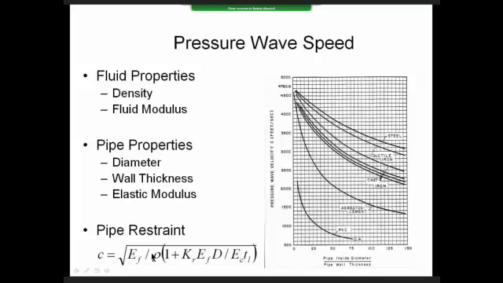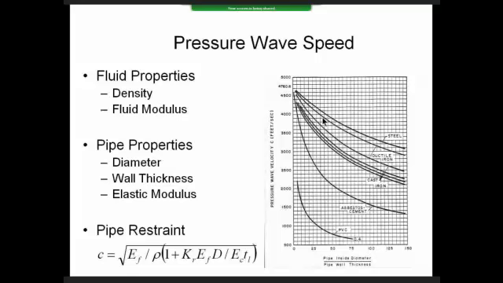In water, that's around 4,700 feet per second. But then it's modified by this term in the denominator, which is 1 plus some restraint coefficient times the elastic modulus of fluid, diameter of the pipe, over elastic modulus of the conduit and the thickness of the pipe. So generally, we have tools, but you need to make that calculation.